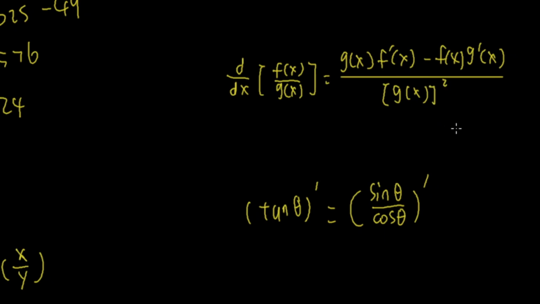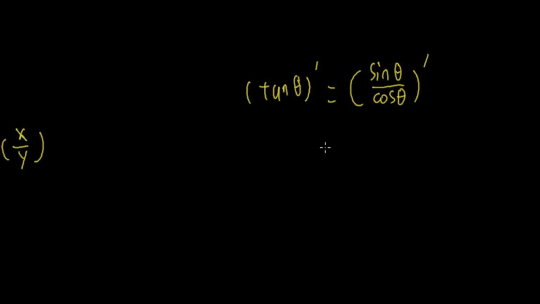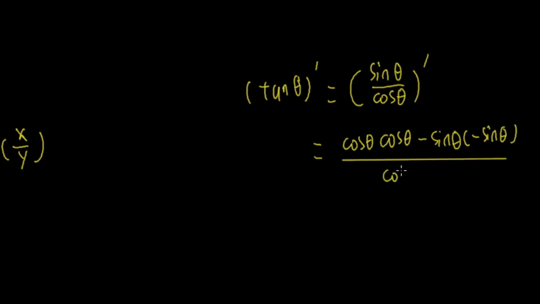Okay, now here that will be cosine theta times the derivative of sine theta, which is cosine theta. Now minus the first function, sine theta, times the derivative of cosine theta, which is negative sine theta, divided by the bottom function squared, cosine squared theta.